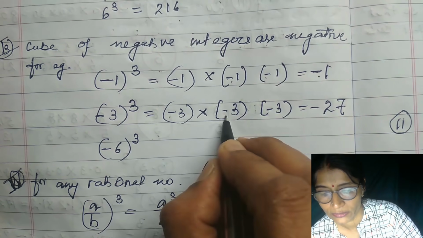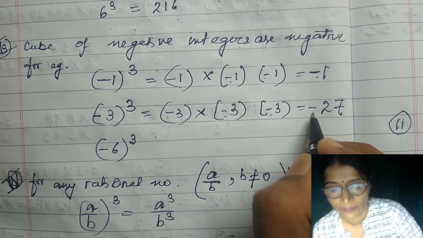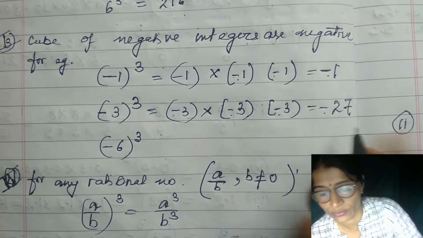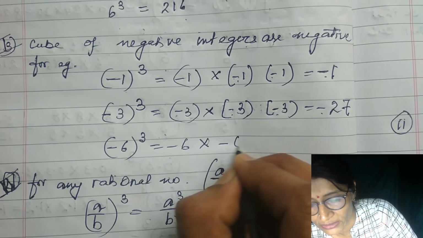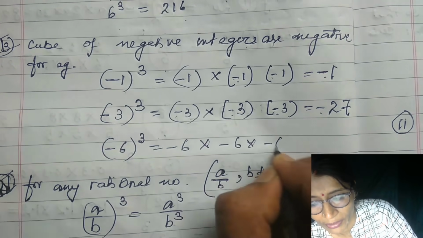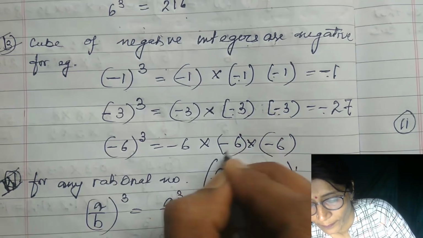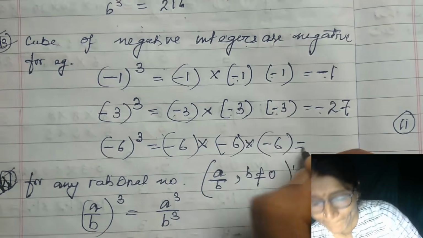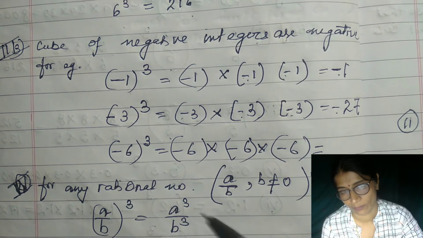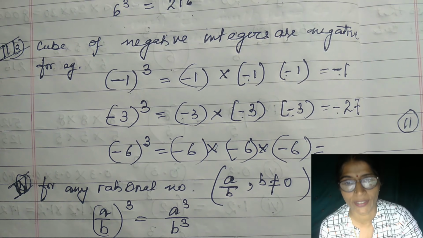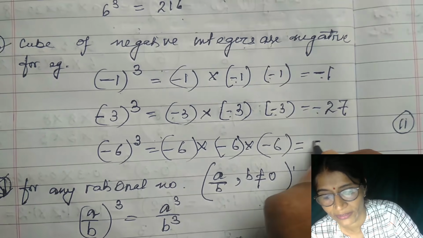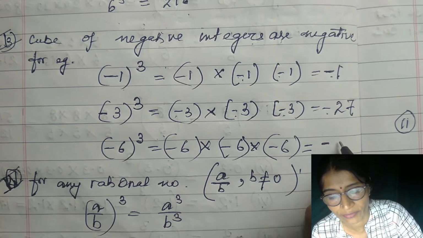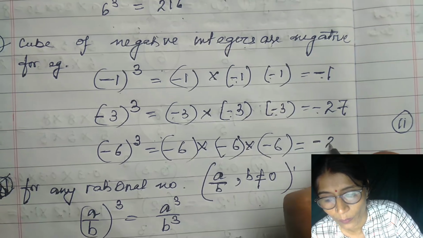Minus minus plus, plus minus minus, then 3 threes are 9, 9 threes are 27. In the same way, minus 6 into minus 6 into minus 6: again minus minus is plus, into minus will be minus. The answer will be 216, with a minus sign.